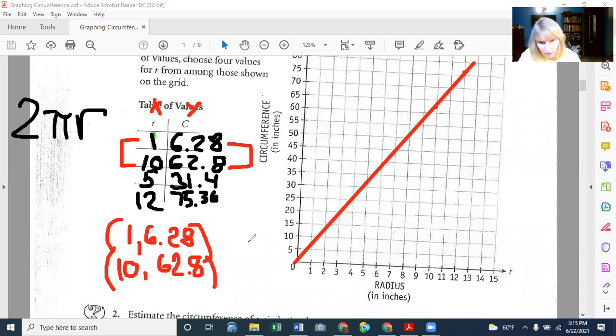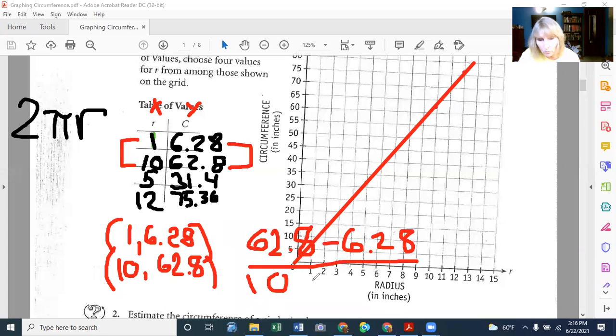So I'm going to find the difference from 62.8 minus 6.28 on the top, and on the bottom, I'm going to find the difference from 10 minus 1.